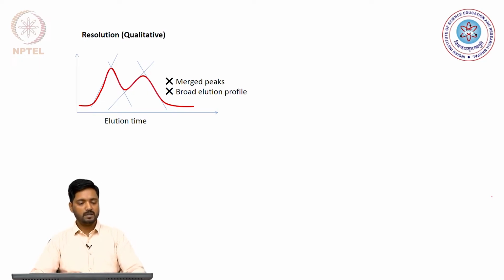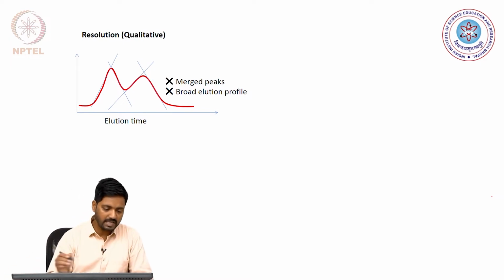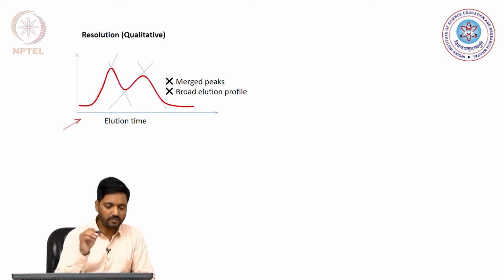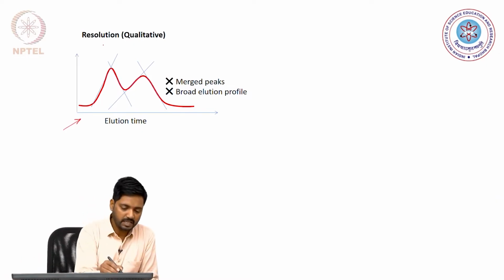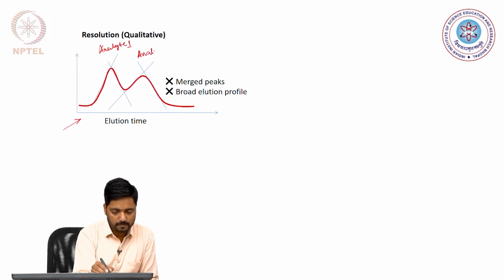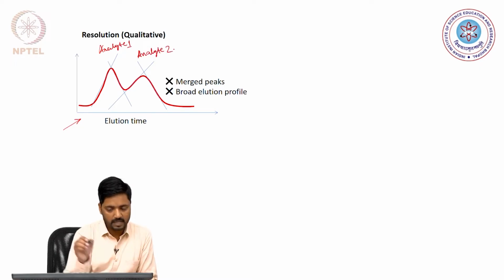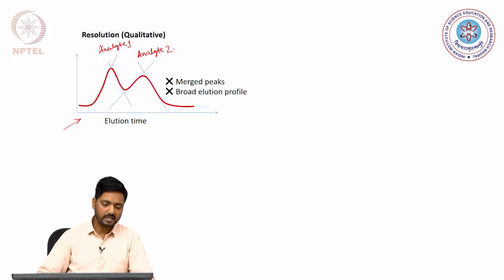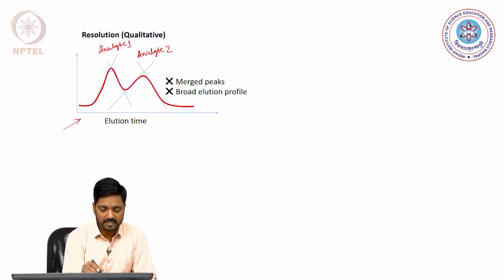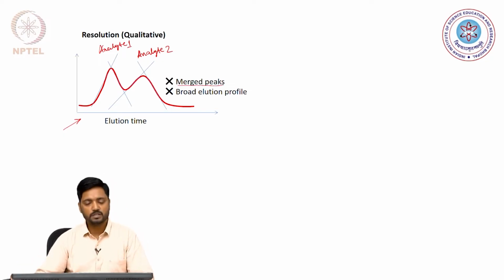So, again here what we can see is a chromatographic profile where two analytes, say analyte 1 and analyte 2, are eluting out of the column. Now, what we see in this profile is that these analytes are giving merged peaks.